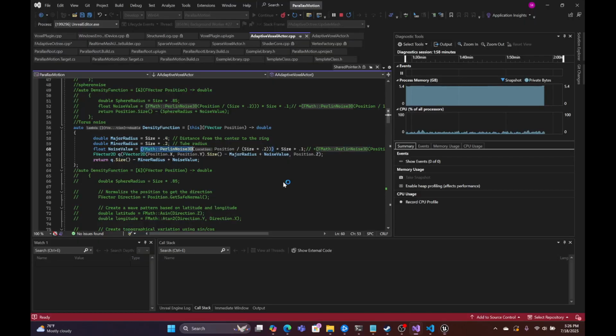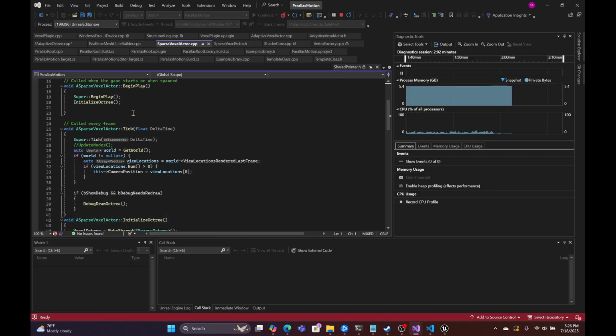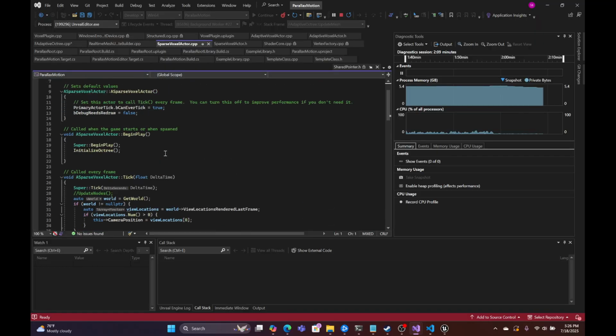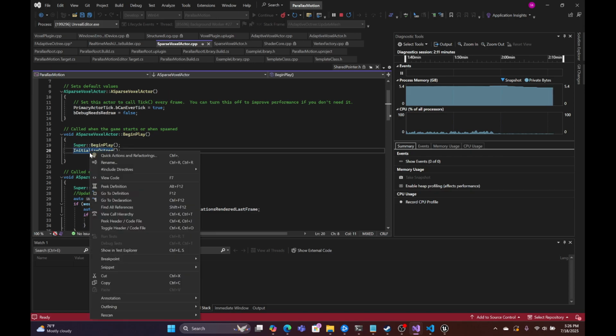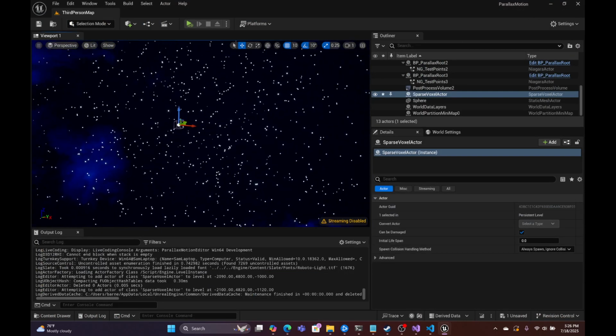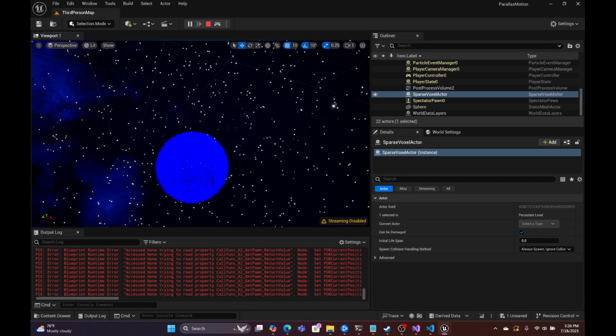So, sparse voxel actor. This is a data structure. Okay, this one might work too now. Yep.